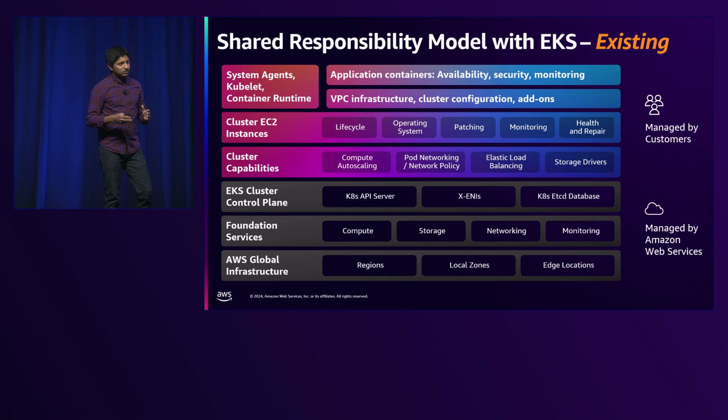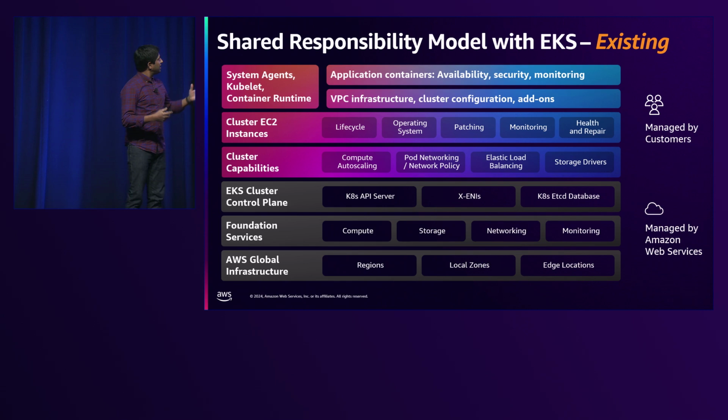So things like the Kubernetes cluster's control plane, the infrastructure it runs on, the regions, the local zones, some of the foundational services the control plane leverages, like the compute, storage, networking, and the actual Kubernetes bits, like the API server that runs in the control plane, the etcd database. All that is our responsibility. We patch, we scale, we manage, we make sure it's available and resilient.